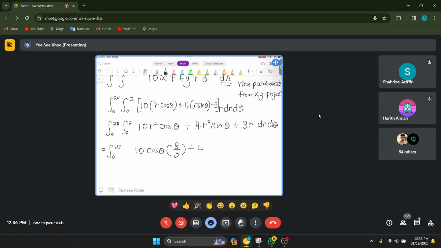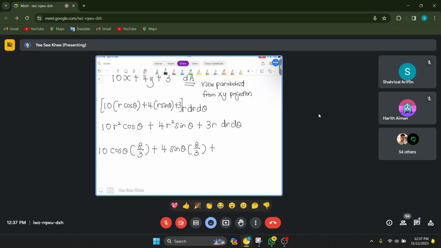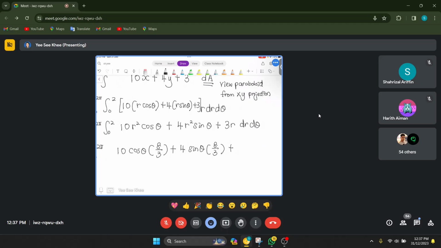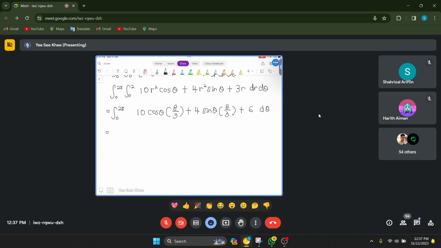This one also, you take out the 4 and the sine theta, you just press the r squared, same thing, you get 8/3. And the last one, you can take 3 out, 2, 0, so you get 6. Last one, you can press all together.